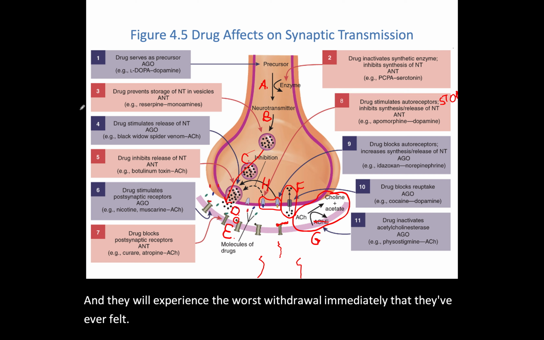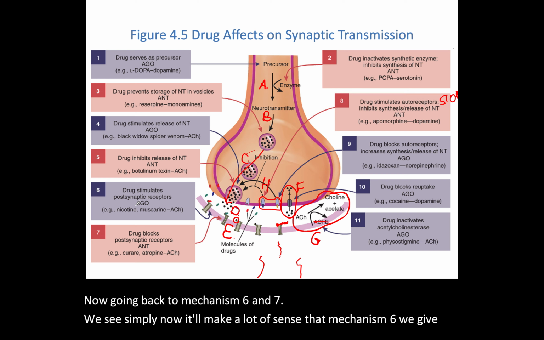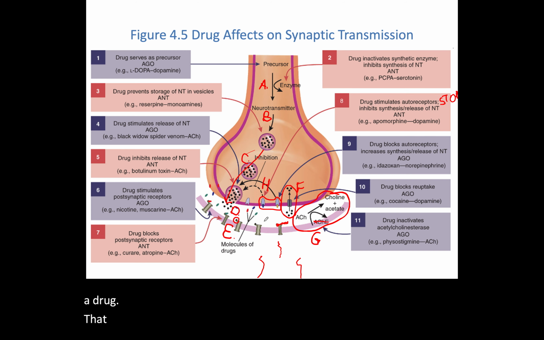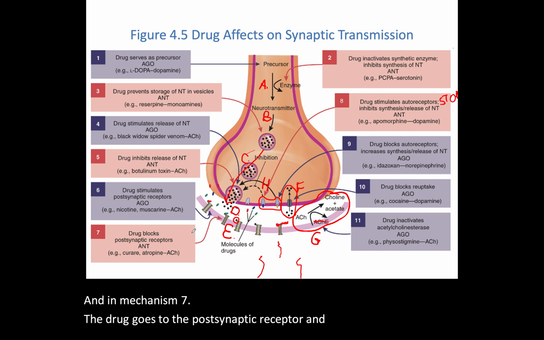Now, going back to mechanisms 6 and 7, it'll make a lot of sense. In mechanism 6, we give you a drug that goes to that postsynaptic receptor and stimulates it. And in mechanism 7, the drug goes to the postsynaptic receptor and blocks it, just sits on it.